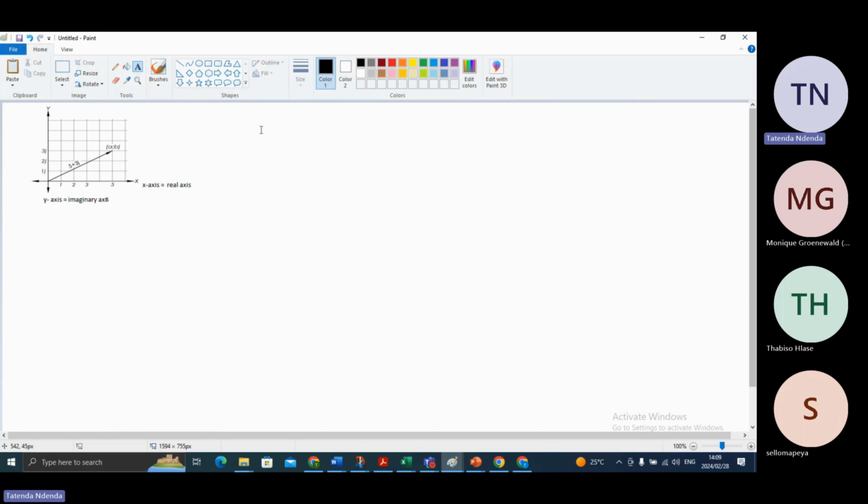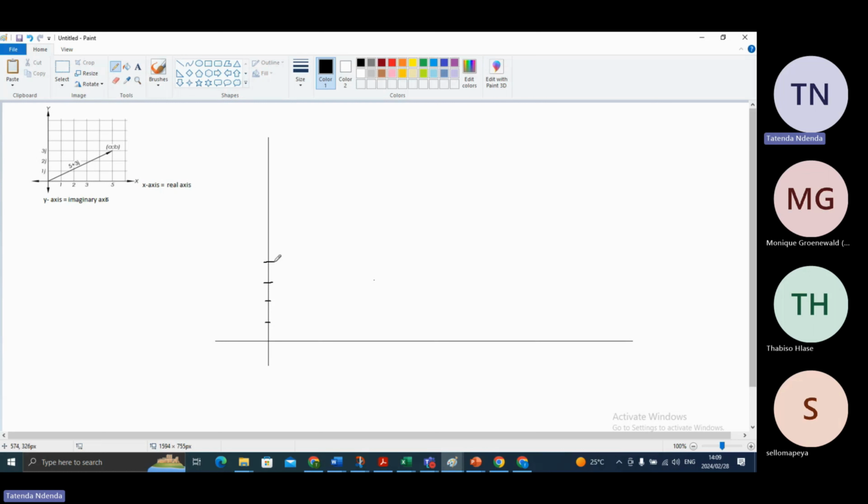For us to have that, we're having a graph like this, right? So on this graph, this is going to be 1, 2, 3.